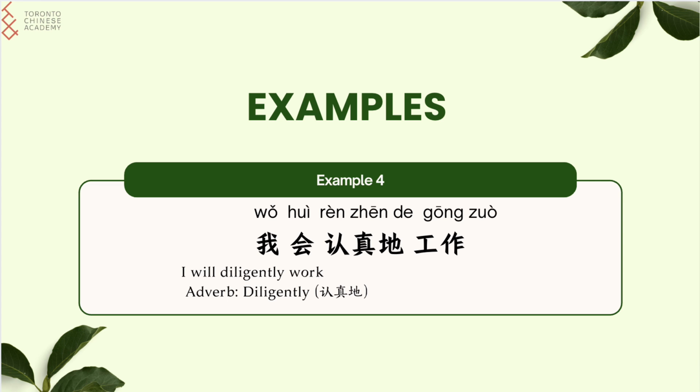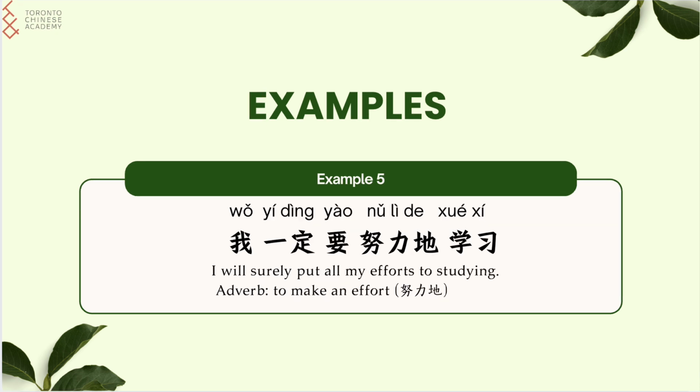I will diligently work. Here, the particle makes the adverb, diligently, 认真地. In this last and fifth example, you can say, 我一定要努力地学习. I will surely put all my effort to studying. The particle here makes the adverb, 努力地, to make an effort.